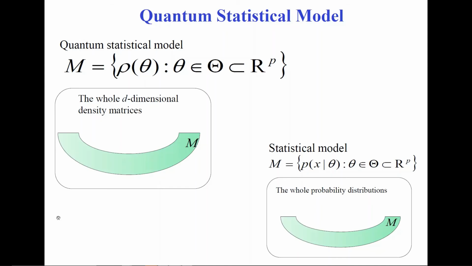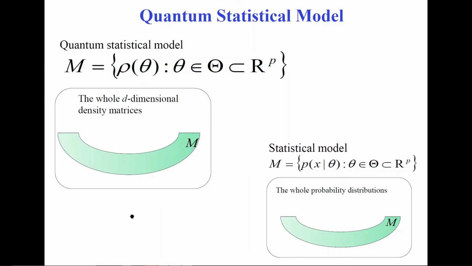And we draw the schematic diagram of a statistical model. The white panel denotes the whole d-dimensional density matrices. If d is very large, like 100 or 1000, then it is a very huge space, but we often assume a certain parametric model of density matrices. Then, for example, this green surface denotes the quantum statistical model M.